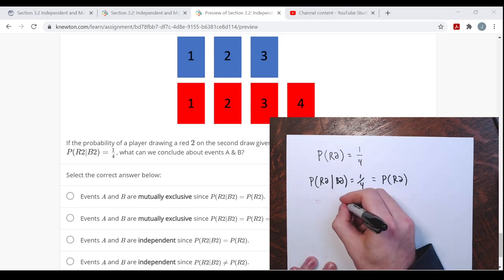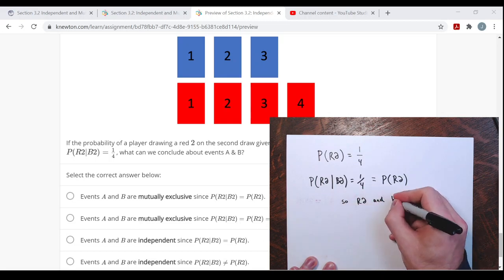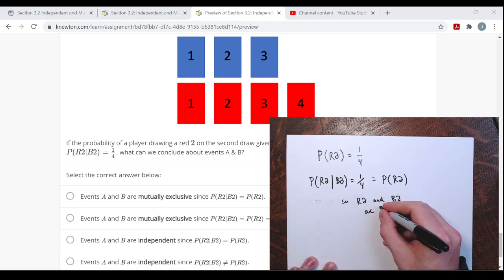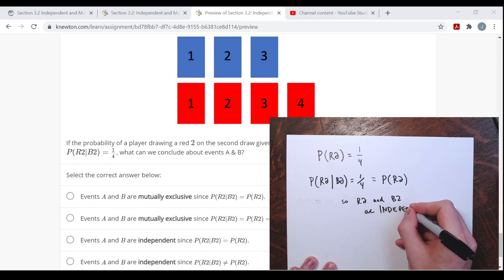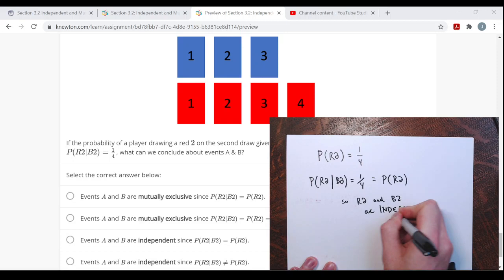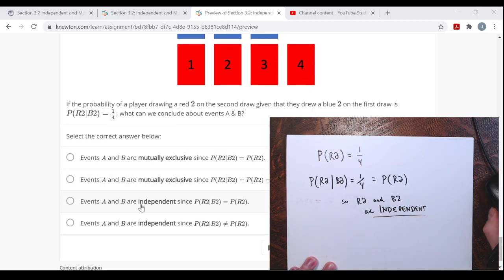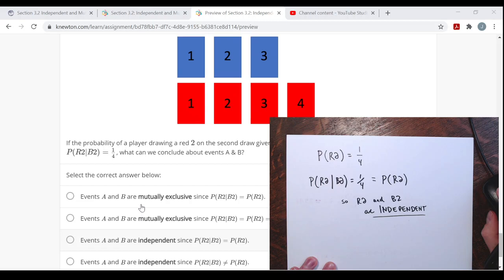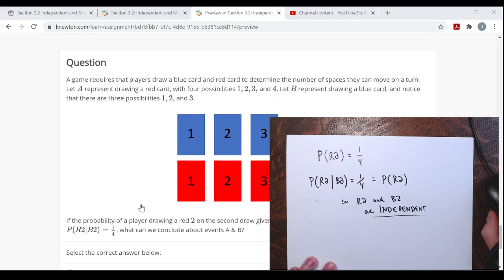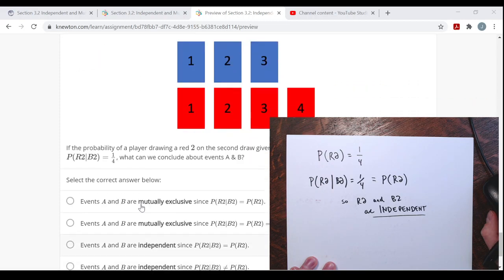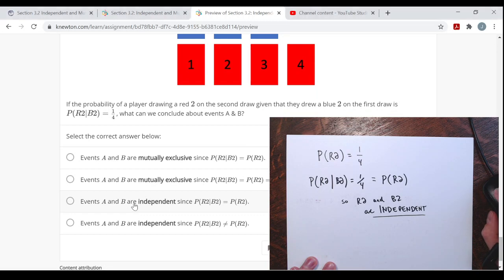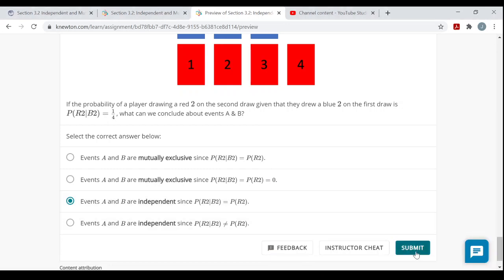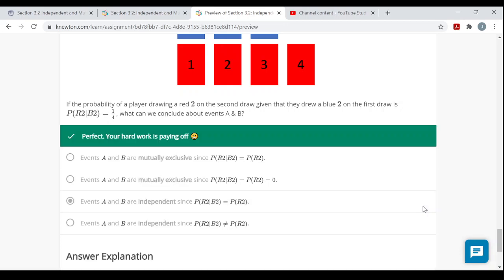This means that events A and B are independent, and I believe that's one of the choices, the third line. Let me get rid of this paper here. Great.